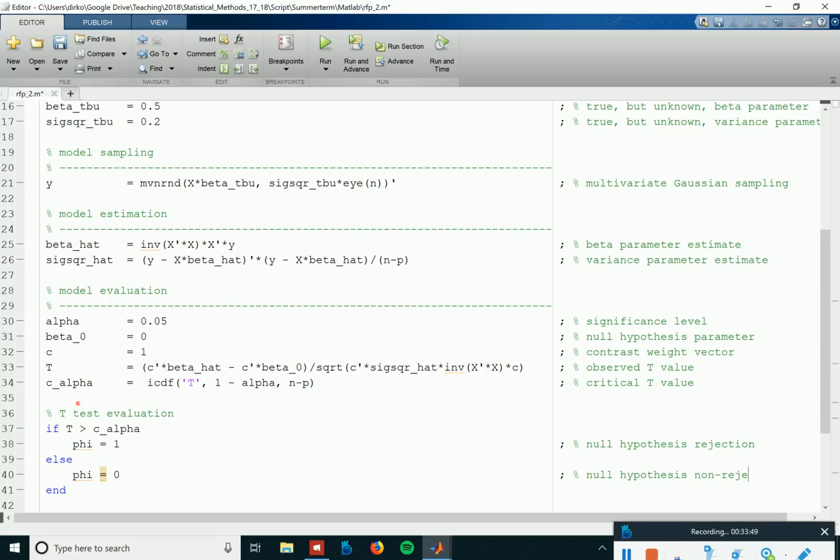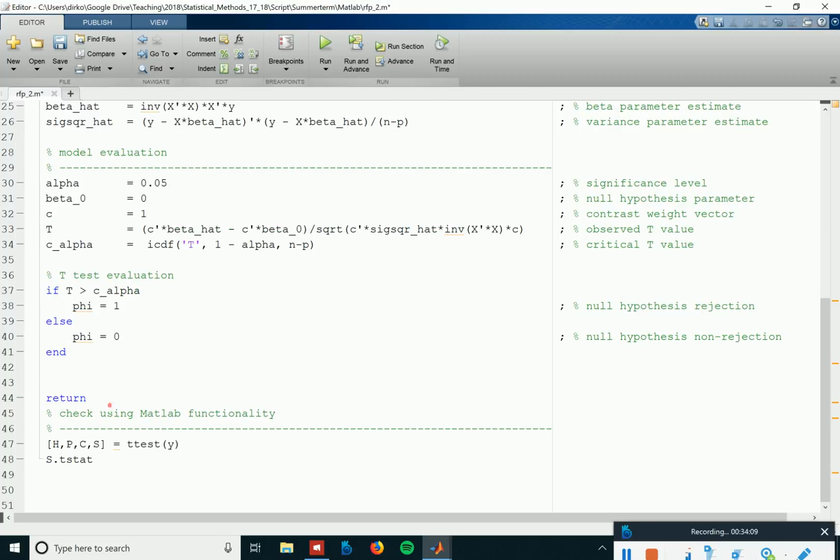And people have their opinions of whether you call this null hypothesis acceptance, non-rejection, or whatever. So generally, I'm thinking always in terms of the Neyman-Pearson test theory, where you have also an alternative hypothesis, although we don't make it explicit here, and then it doesn't matter how you call that.